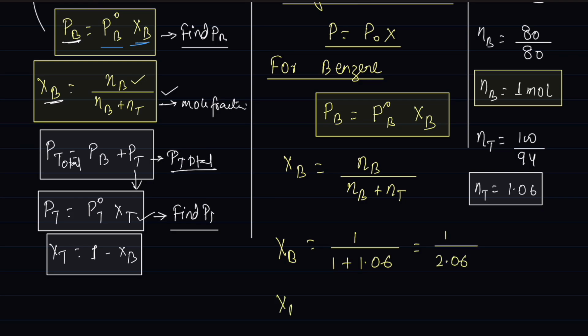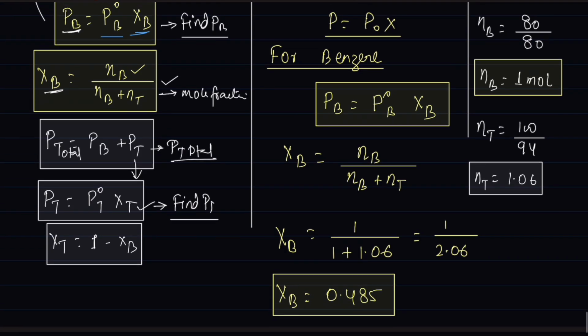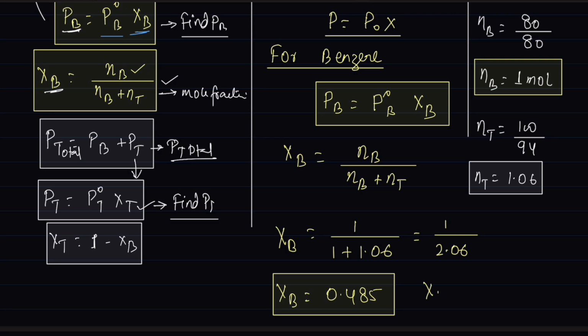Mole fraction of benzene is equal to 0.485. Similarly, mole fraction of toluene is 1 minus XB, which is equal to 0.514.